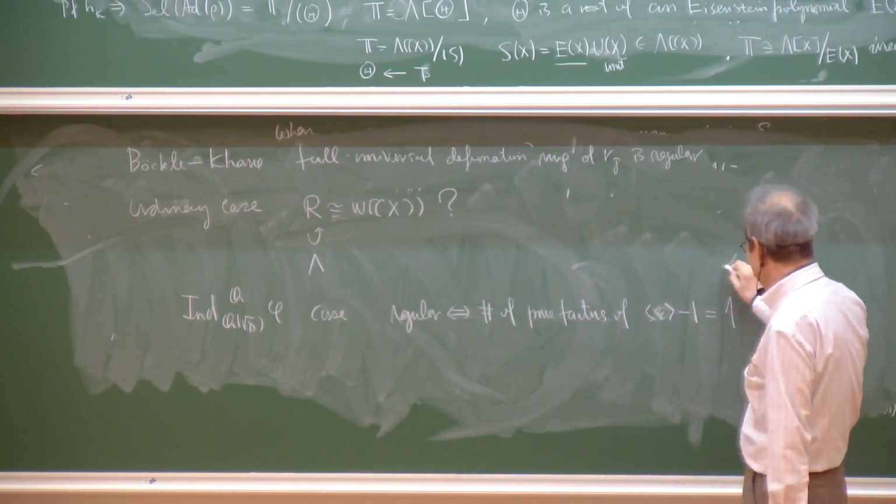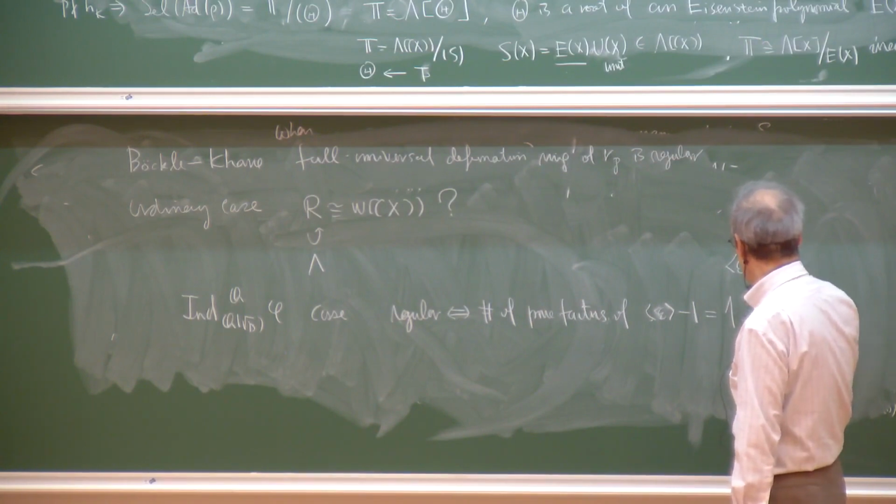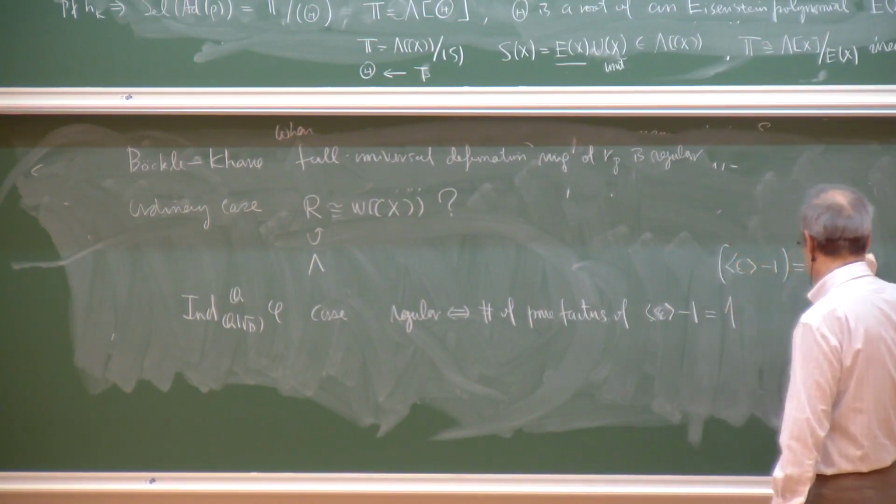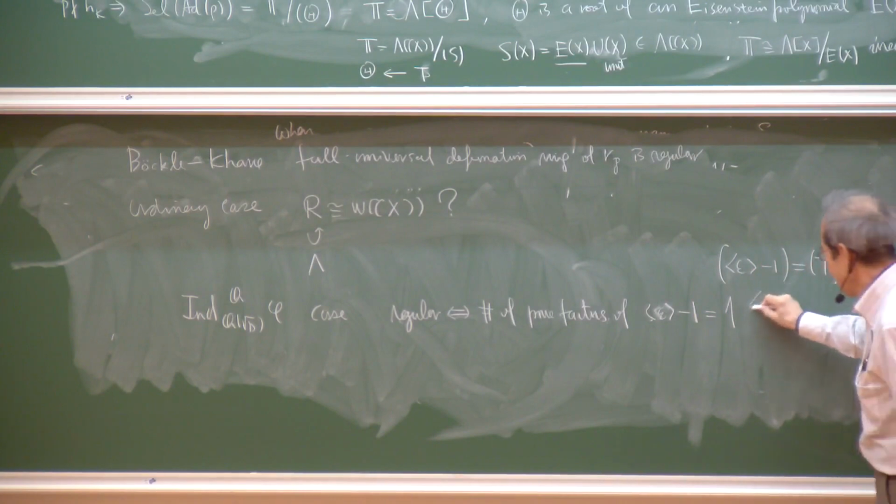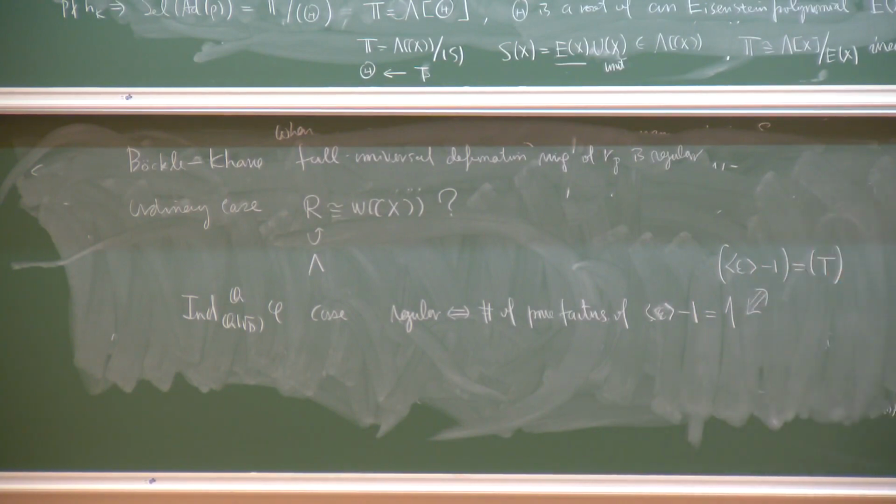That means epsilon minus 1 is T. Because this is T to some power minus 1. Therefore, it's just a cyclotomic polynomial, essentially, the prime.